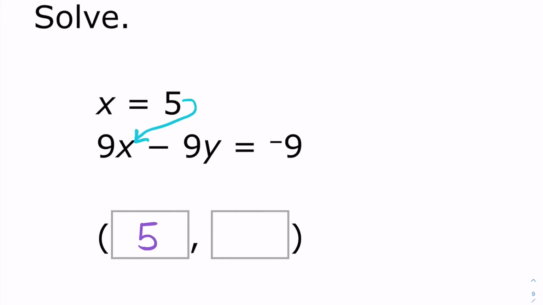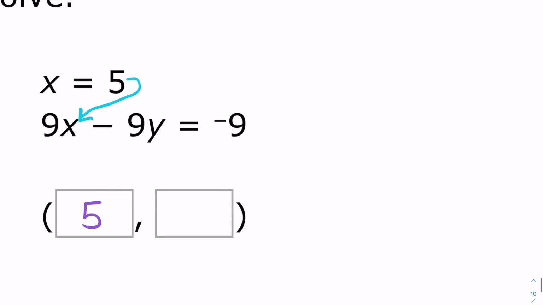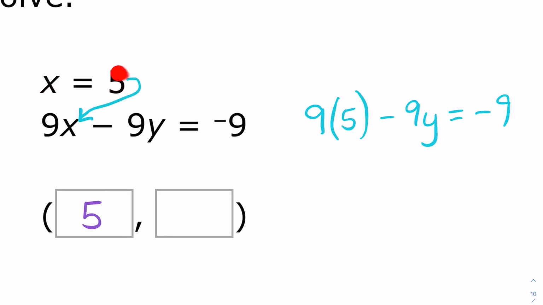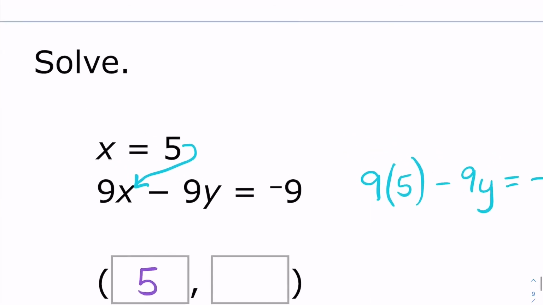Wherever I see an x, I can now evaluate it at a 5. So I'm going to do 9 times 5 minus 9 times y equals -9. I'm rewriting the bottom equation, but wherever I see an x, I replace it with 5 because they're equivalent. This is called substitution. So this one is substitution.